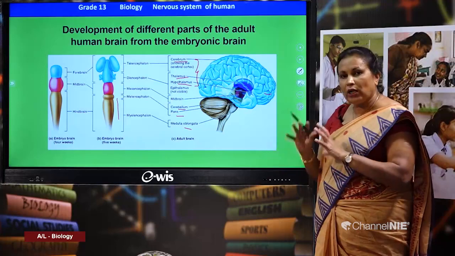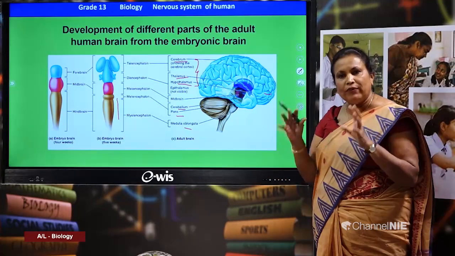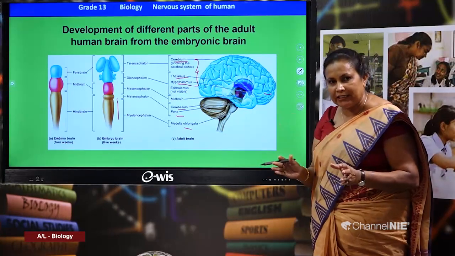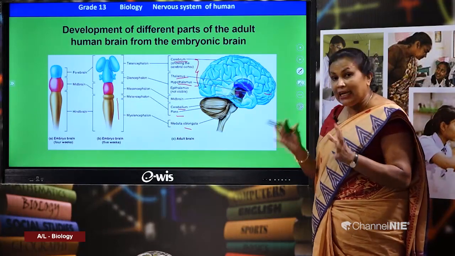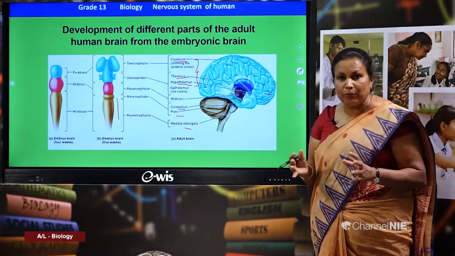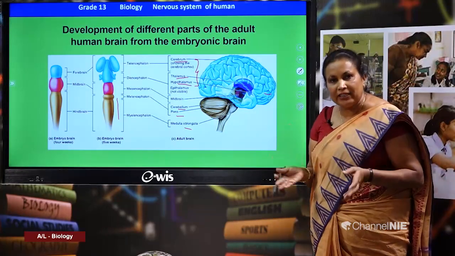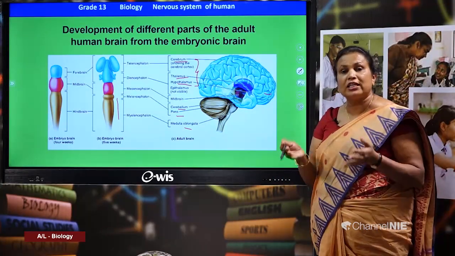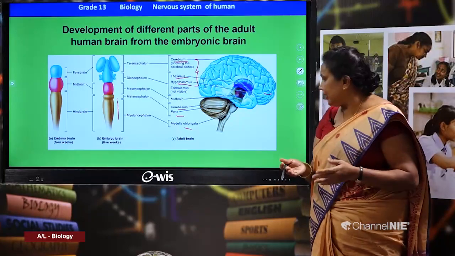Okay? All these parts are present within the cranial cavity. The cranial capacity of a human is 1.5 liters, that is about 1500 milliliters.